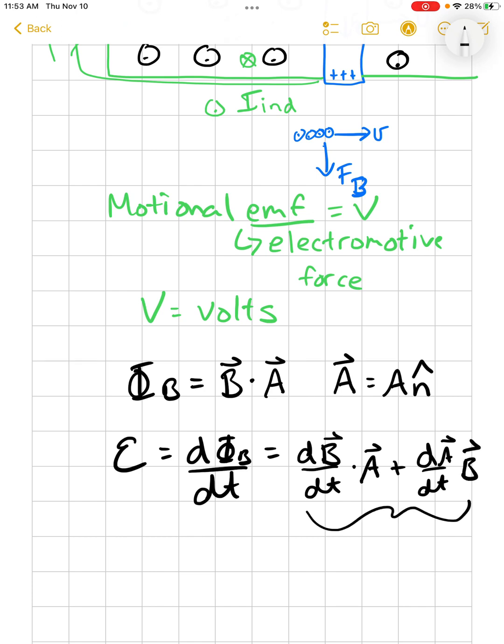Usually we have one or the other. We don't usually have both, but you will see problems of each type. So keep in mind that we have to use our product rule here. Okay? So, in this case, what's happening is we're not changing the magnetic field, we're changing the area. So this would be describing this scenario where we have this bar moving through the magnetic field.